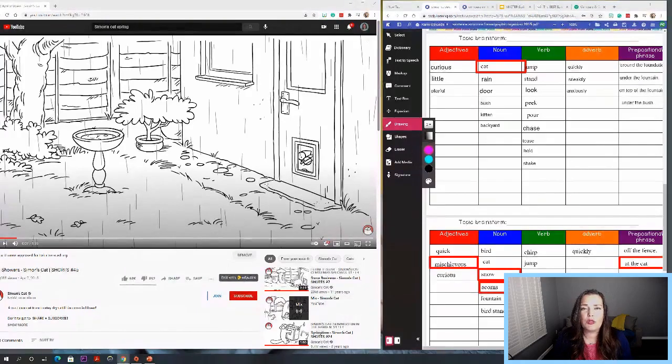So this is a way that I can reduce that cognitive load for them, because they're not only being asked to talk about what's happening in the video, they're also having to recall vocabulary and verbs. And if we're wanting to make them feel successful, you can use a visual graphic organizer.